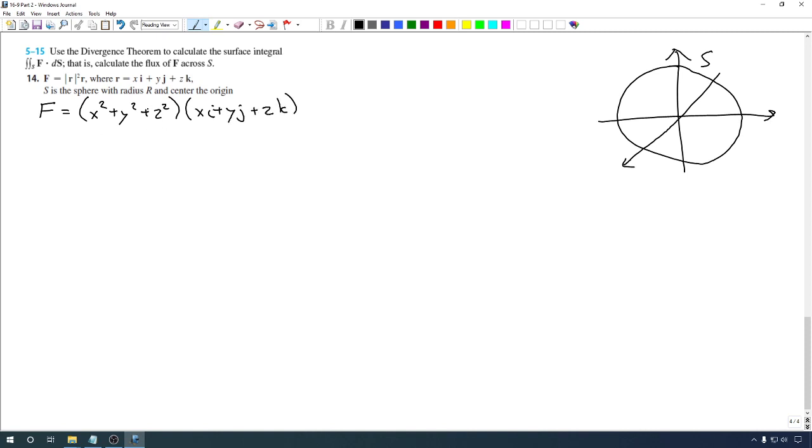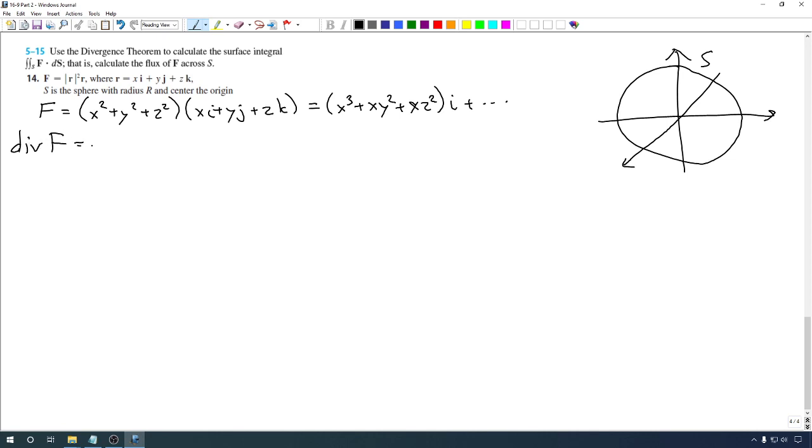In other words, if we multiply these out, our first component is going to be x cubed plus xy squared plus xz squared, and we'll have essentially the same thing for the j and k. I'm not going to write it out, just to save a little bit of space.